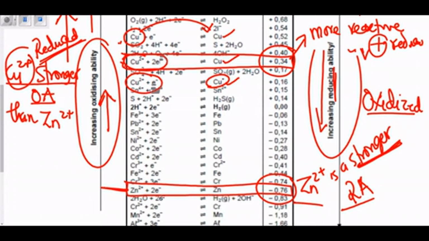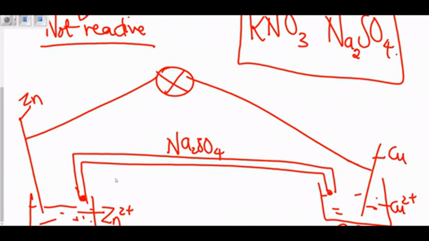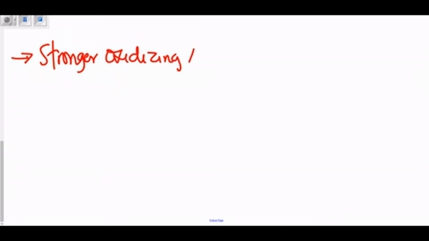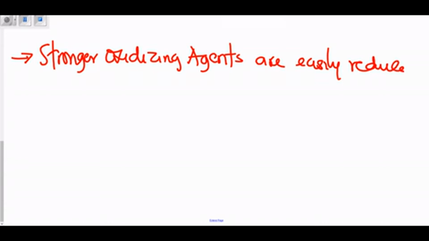Let's put this down in our notes. I need us to have this in our notes. The first one: stronger oxidizing agents are easily reduced, and vice versa.